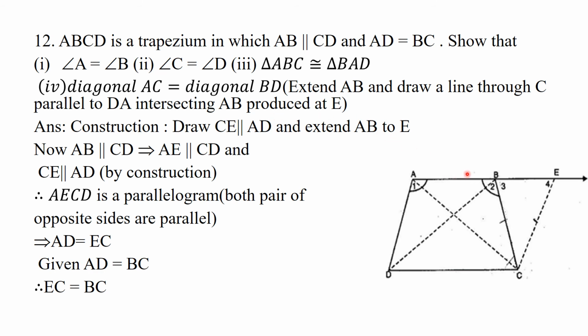We are going to extend the line segment AB to a point E such that we have to draw a line from C and it should be parallel to DA. So, CE is the line which is parallel to DA.